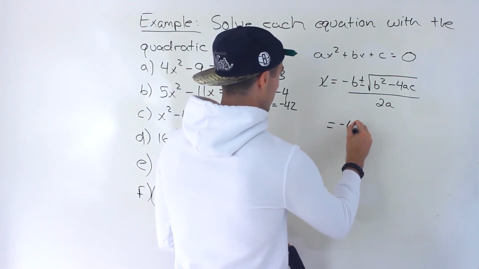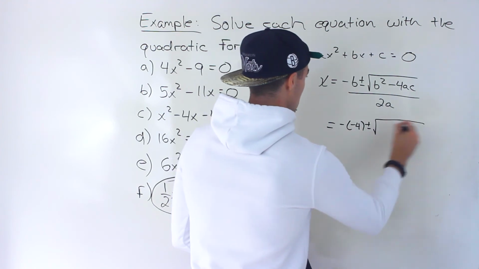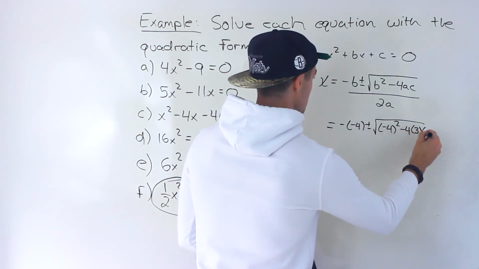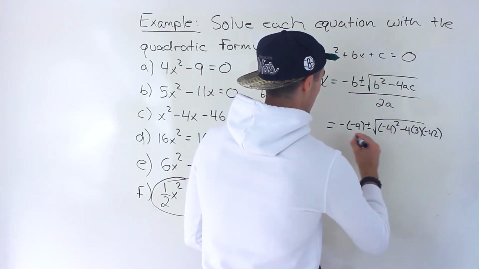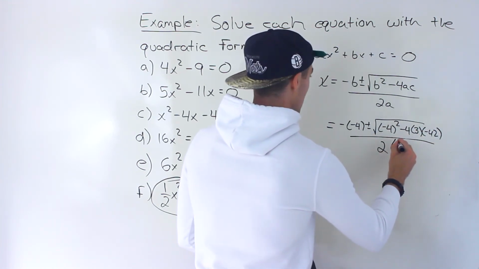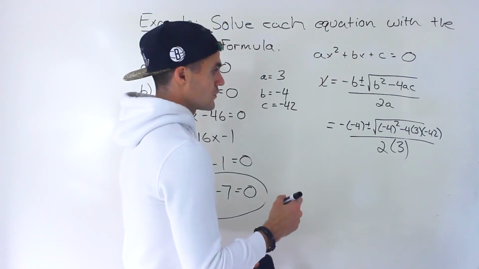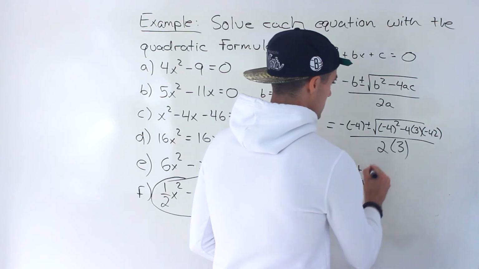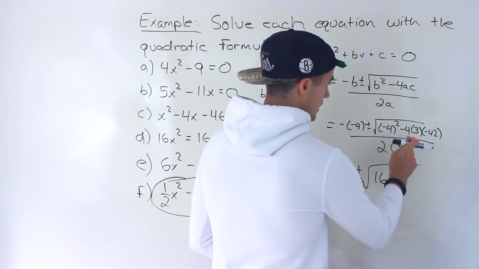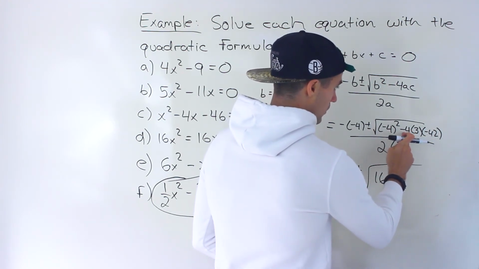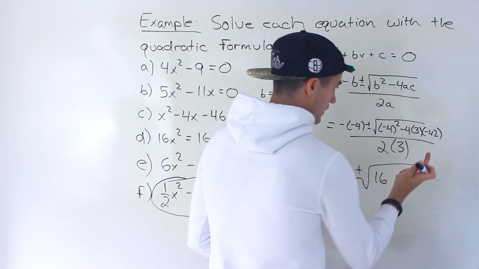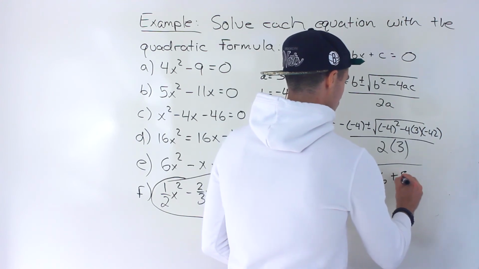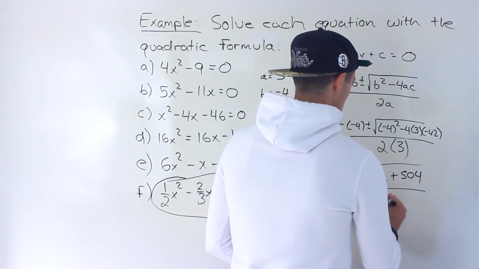So then we'll have -4 plus or minus -4 squared minus 4 times 3 times -42, and then that's going to be all over 2 times that a value of 3.